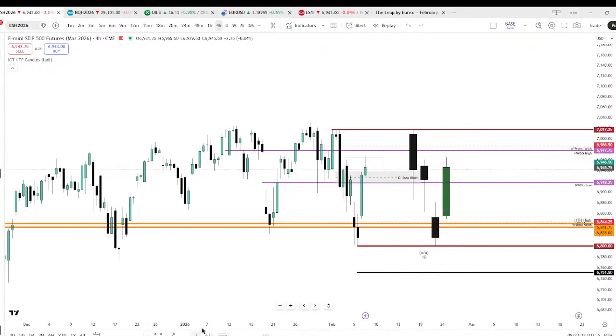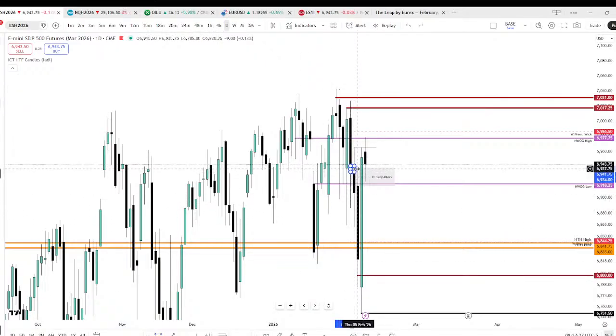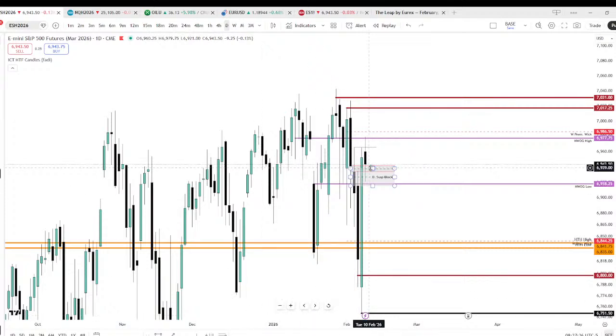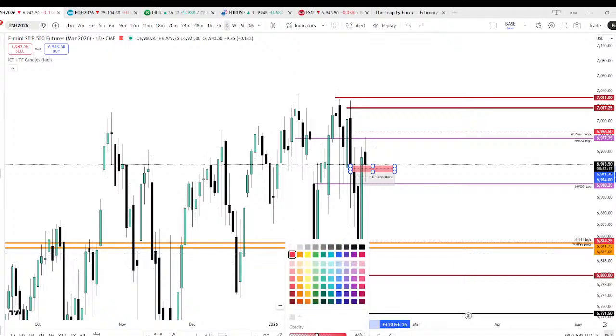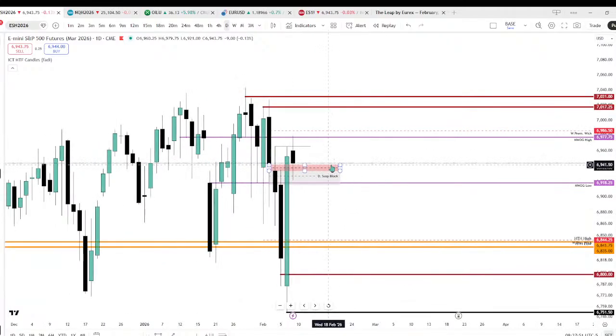That and that. I want to mark this out too, but we will make that a different color. So there's a volume imbalance.